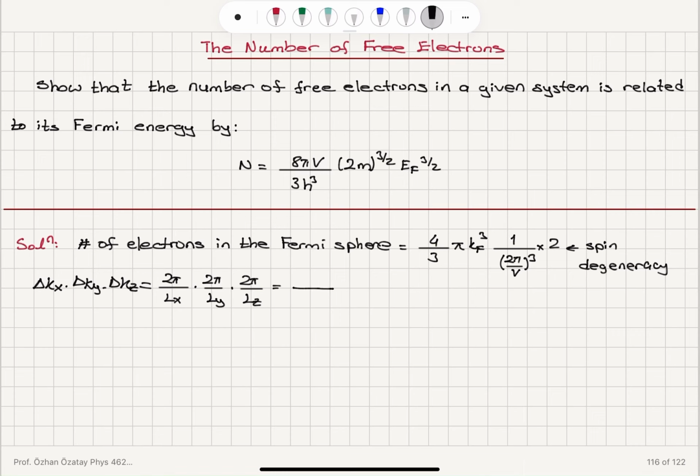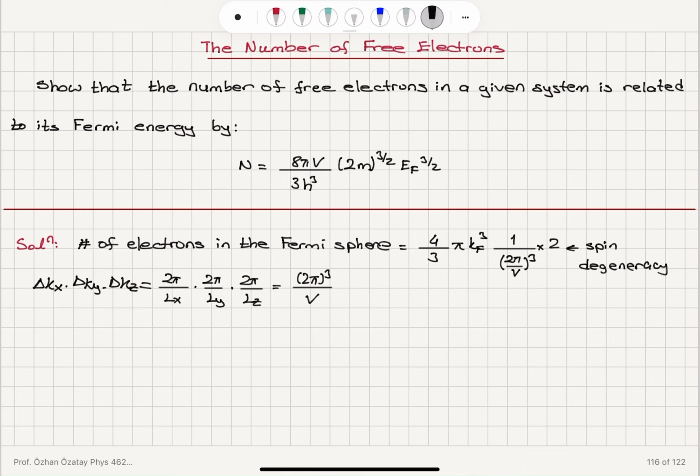So this is basically 2 pi cube divided by V. Remember that we have obtained this condition, k is 2n pi over L, by using Born-von Karman periodic boundary conditions.